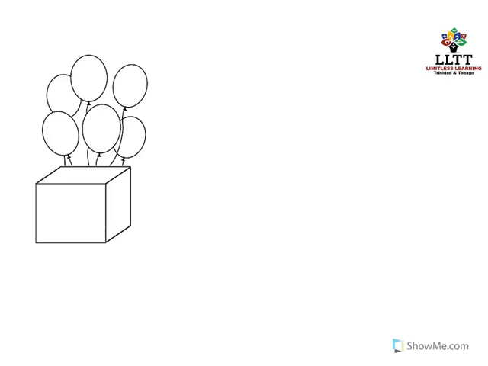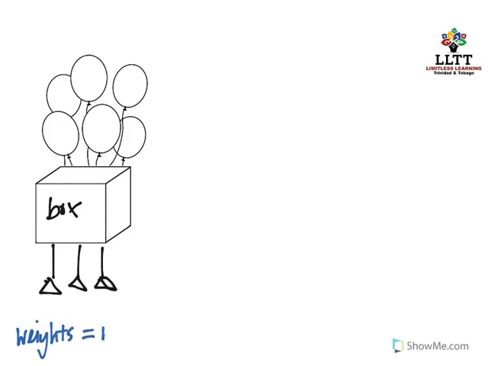And the example that I always use to kind of explain how positive and negative integers work is this idea of a box, balloons, and weights. So I have a box with balloons, and the squiggly things on the bottom are weights. Okay, and what you're going to think of is you're going to let your weights represent negative numbers.